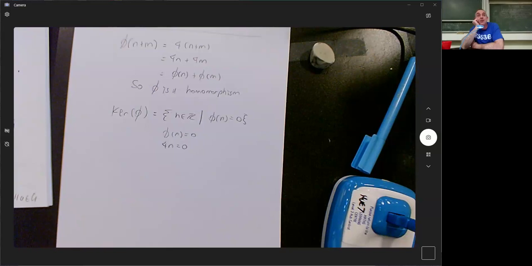Well, it's definitely a homomorphism. And the image is definitely all the multiples of 4. Right? Which is not the same as Z. Well, maybe it is. Oh, it is. No, it's not. Because the cosets.